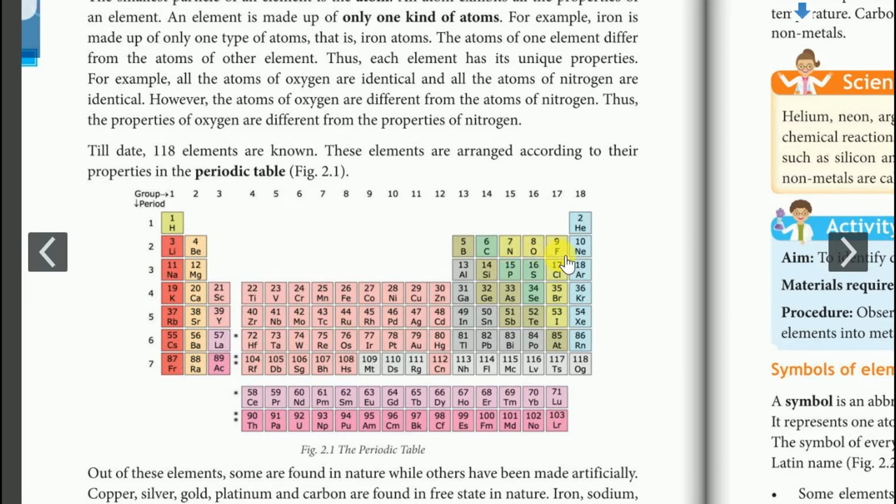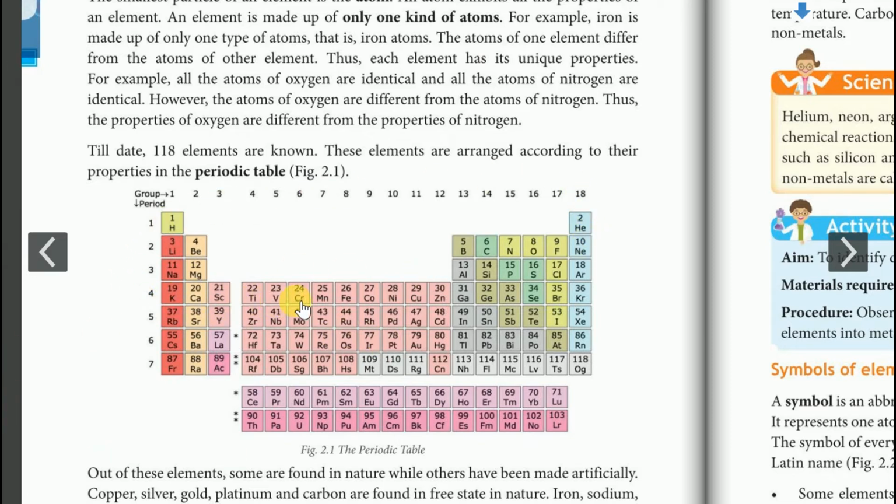Eighth, oxygen. Ninth, fluorine. Neon, tenth element. 11, sodium. Magnesium, 12th element. 13, aluminium. 14, silicon. 15, phosphorus. 16, sulfur. 17, chlorine. 18, argon. Next, 19, potassium. Calcium. These are the first 20 elements.